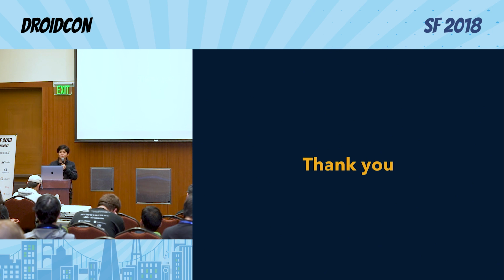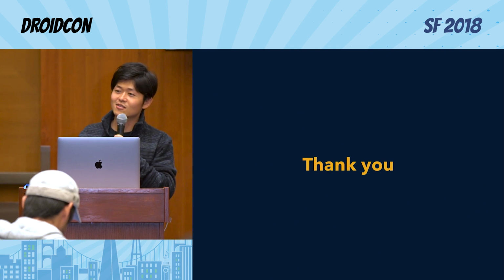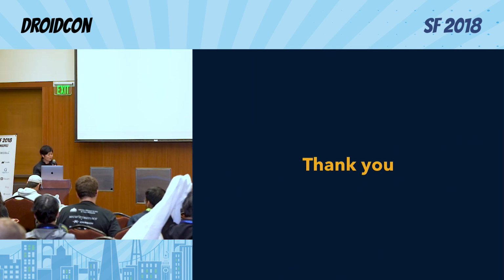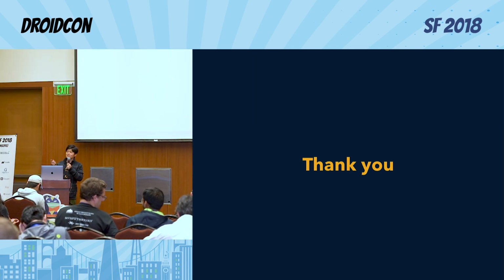Okay, so the question was, Camera2 API is really hard. What can the developer do to actually use the Camera2 API? Is that the question? Yes. I don't think there's a good way to use Camera2 API, but there's good information.